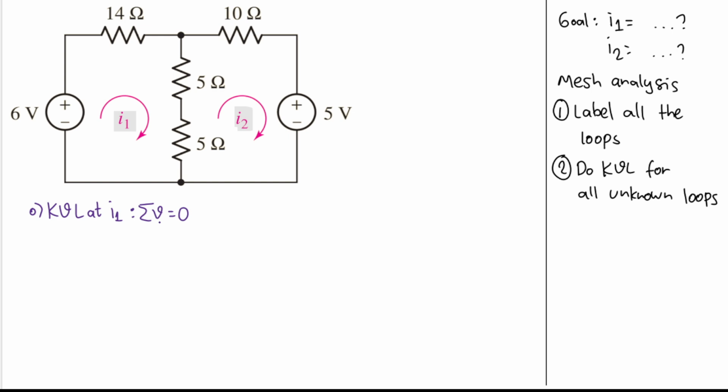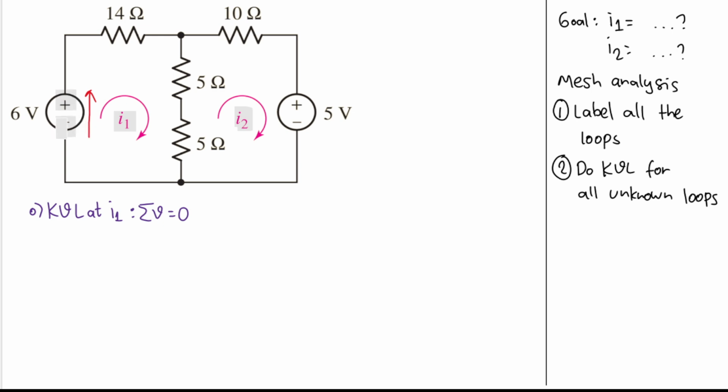But here we have to be very careful about the sign of the voltage, right? For example, here in this 6-volt voltage source, the current will flow like this, right? Because this is clockwise, the current in this component will be like this. And here the current is flowing from the negative terminal to the positive terminal.